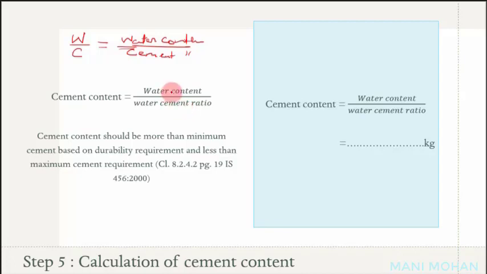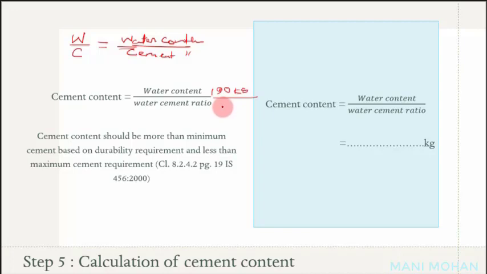So we already know what is the water content for the grade of concrete which we are designing. We adopted 190 kg. What about water cement ratio? Water cement ratio was based on two criteria, target strength criteria and durability criteria. Whichever is minimum, that you have to adopt.